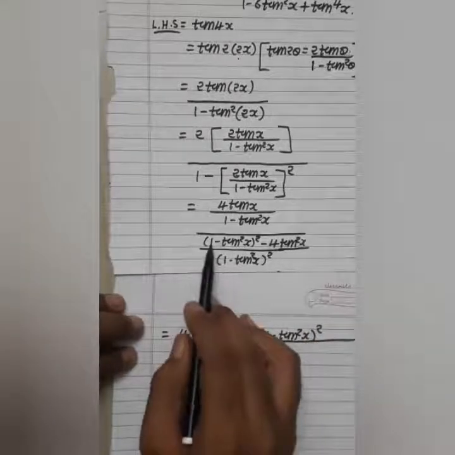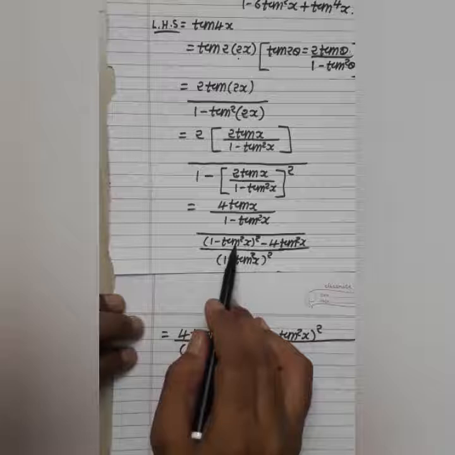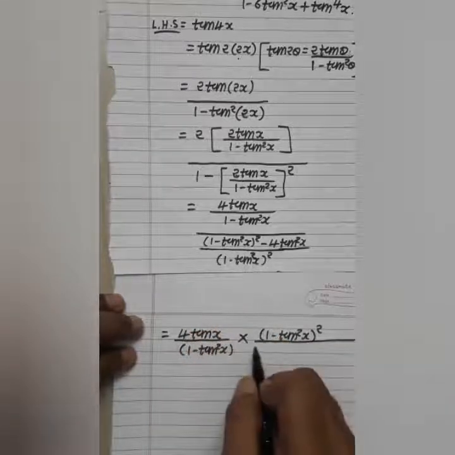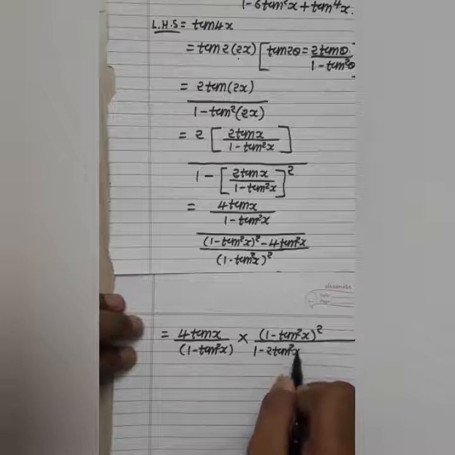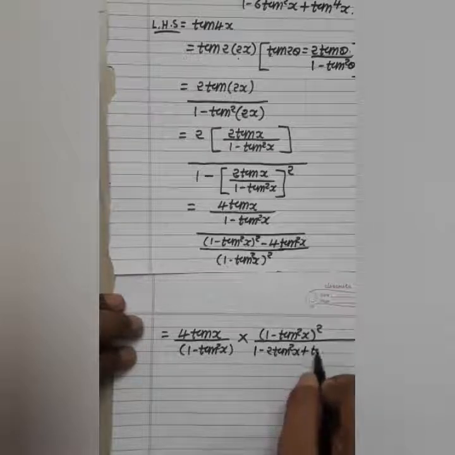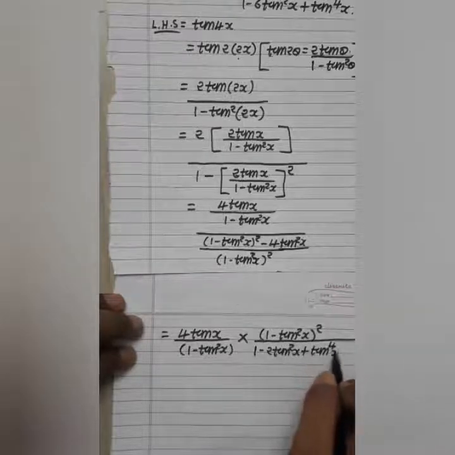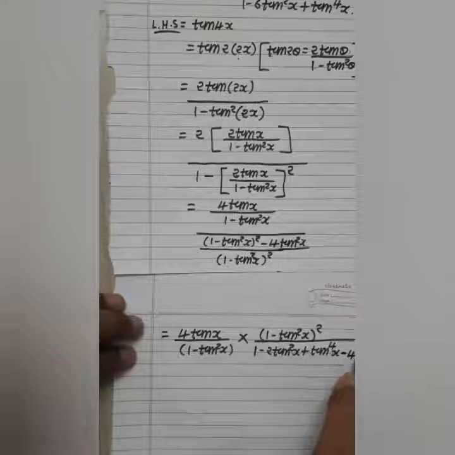So here apply the identity (a minus b) whole square, that means 1 minus 2 tan square x plus tan raised to 4x, minus 4 tan square x.